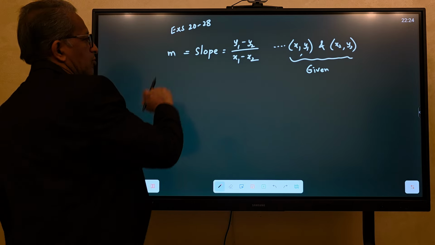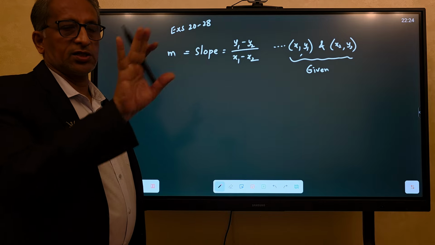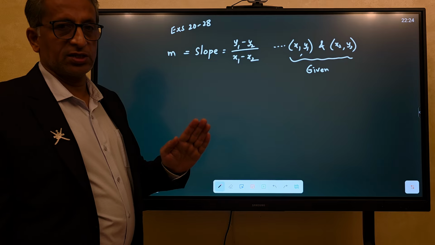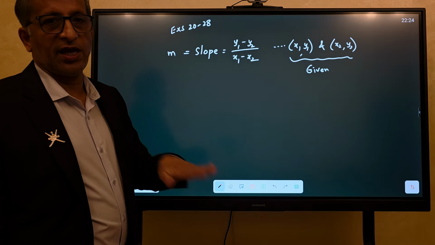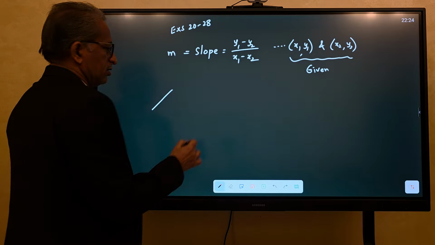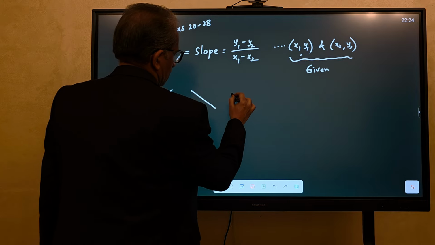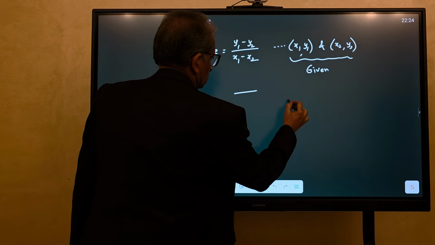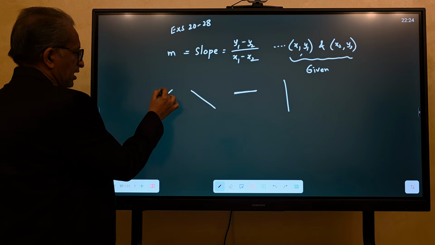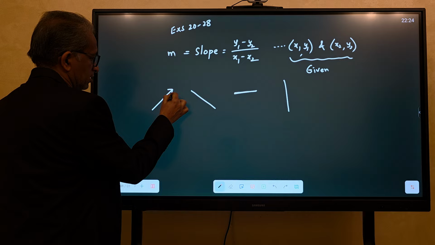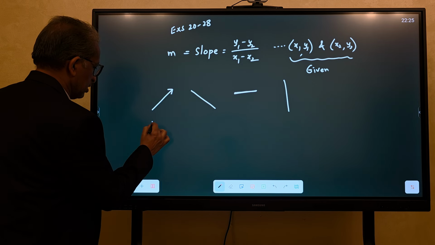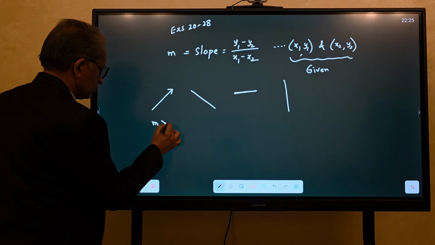Slope is inclination. Slope means how much inclination a line makes to the x-axis. So these are the scenarios. If the line is going up, that means m is positive.